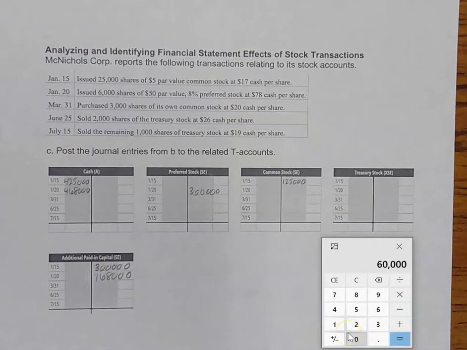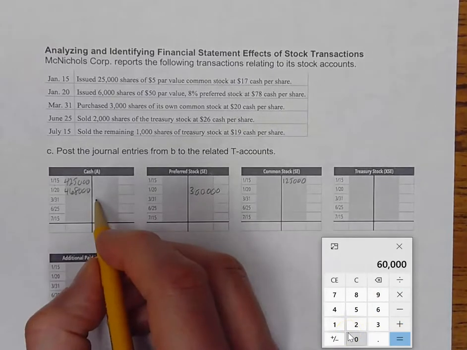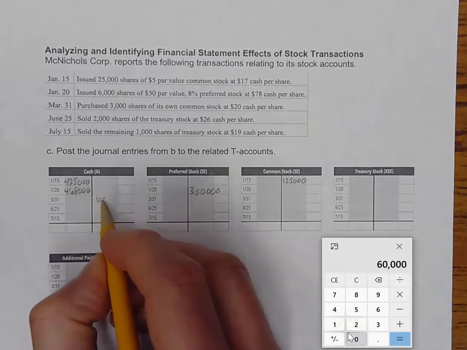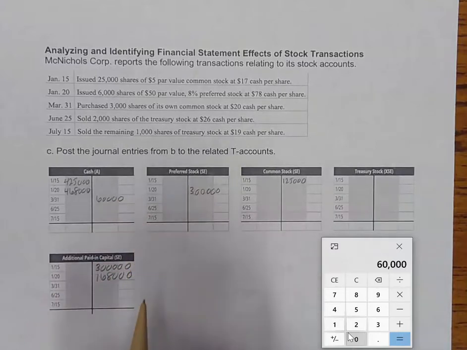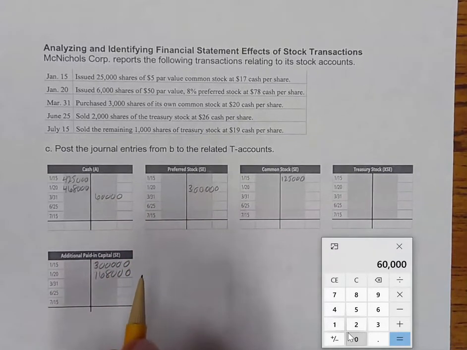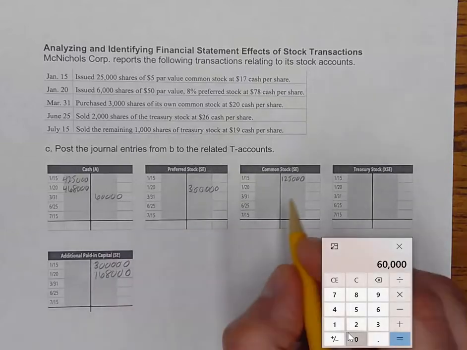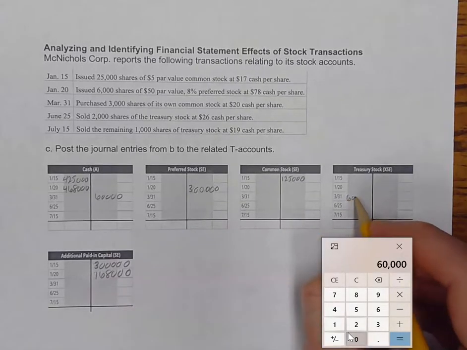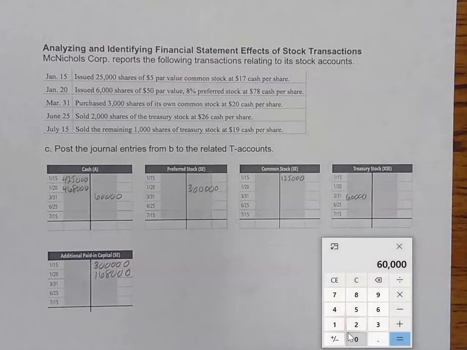Okay, so we have $60,000 going out. And what do we get for that? We get $60,000 of treasury stock. So the cash is going out, so we have to use a credit for it to go down. Treasury stock is what we call a contra equity account, or an adjustment to equity.